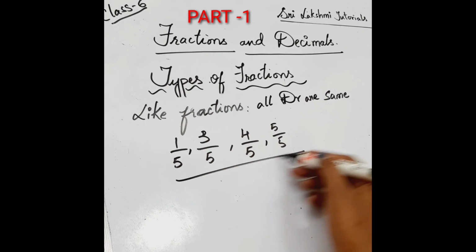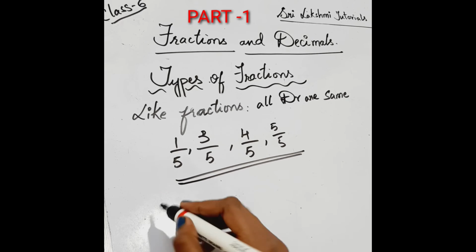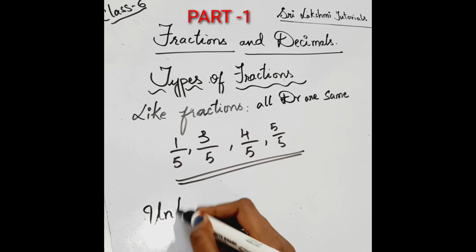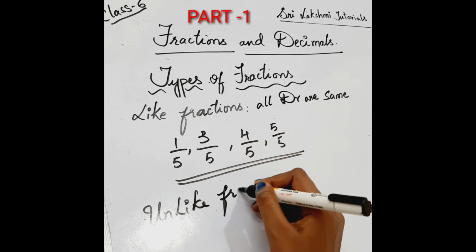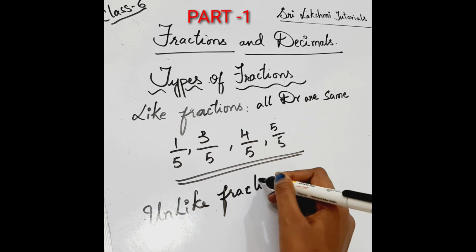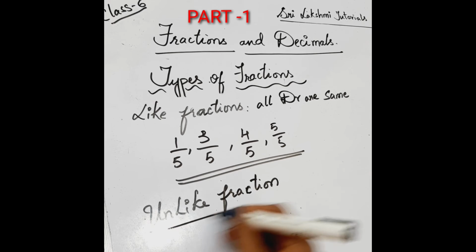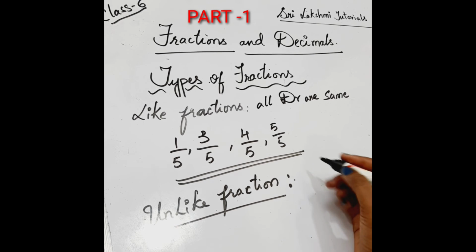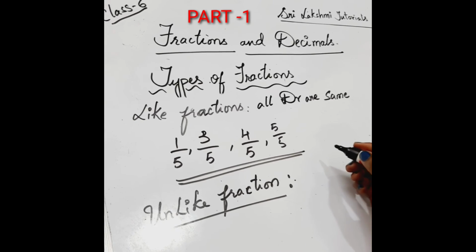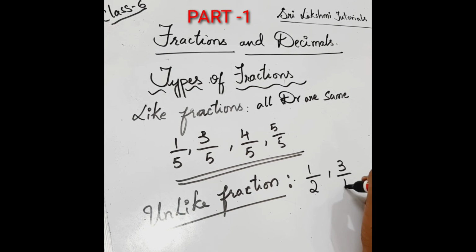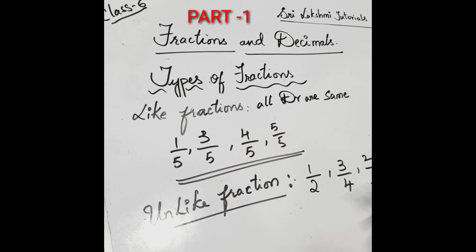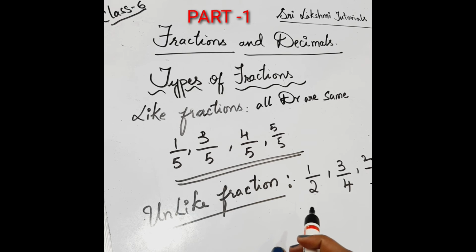These all are called like fractions. Unlike fractions means the denominators are not the same. The denominators will have different numbers. Example, 1 by 2, 3 by 4, 2 by 2 or 2 by 3, and these all are examples of unlike fractions.